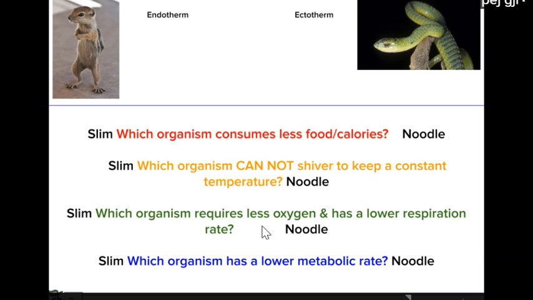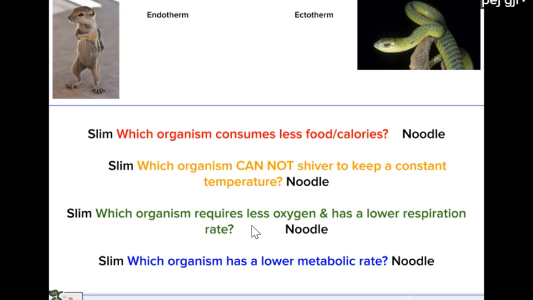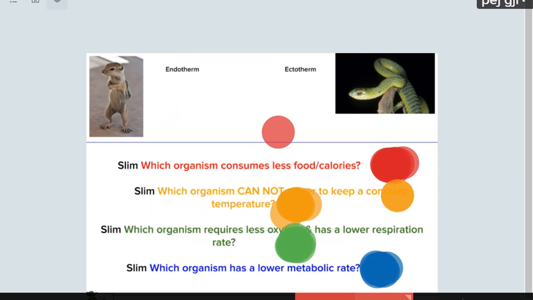So which organism, and if they're at the same temperature, which organism would require less oxygen at room temperature and have a lower respiration rate? Which organism has a lower metabolic rate? Everything should be on the noodle.